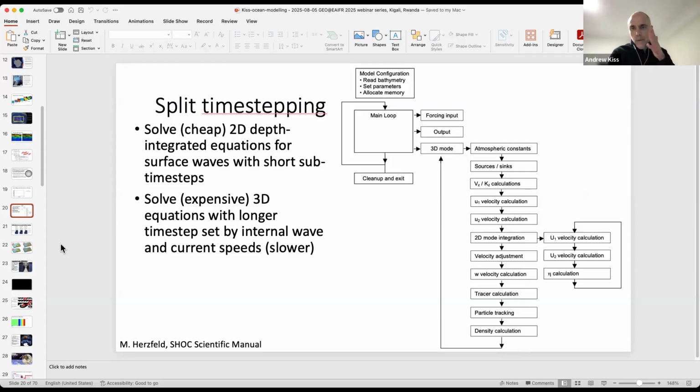You can just have the depth integrated or depth averaged velocity and the sea surface height, and those are the only things you need. So there's 2 components of velocity and one surface height or pressure. That's a much cheaper calculation. So it's just this part, and you can skip all of this part.